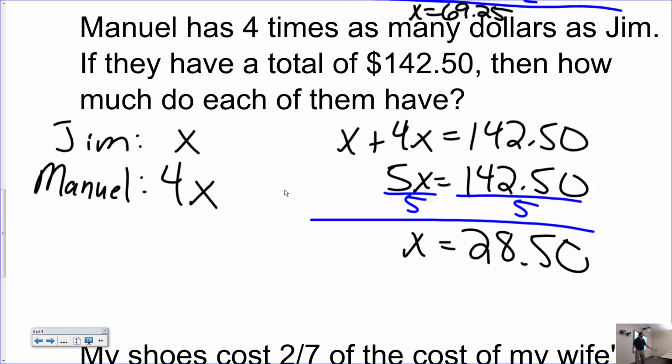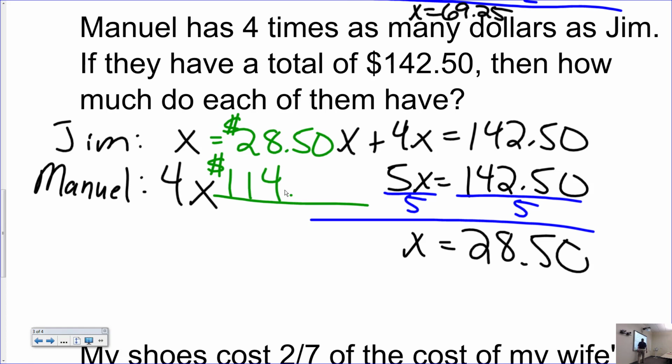And again, answer the question. Take that 28.50, which is X, and bring it over to your table and say, oh, that's Jim. Jim has $28.50. How much does Manuel have then? I got 114.